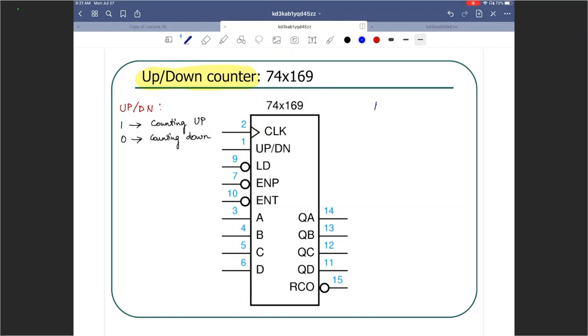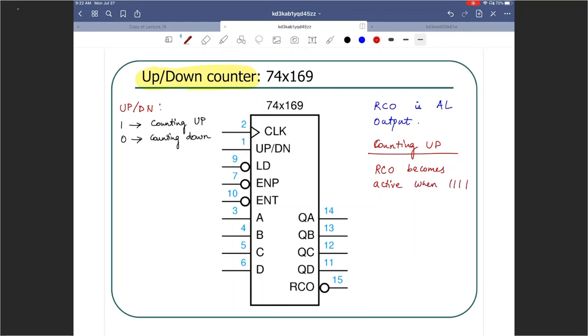So let me say RCO is an active low output, and while you are counting up, RCO becomes active when the counter is at 1111.